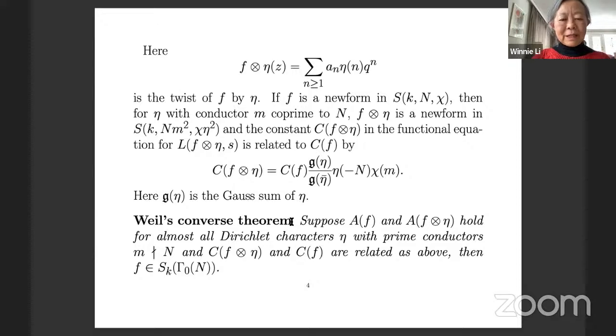So Weil's converse theorem says that if we start with f, as I said at the beginning, and the L function has the analytic behavior as I described in the three conditions, and the same holds for the twist by characters eta with prime conductor co-prime to n, and moreover the constant associated to f twisted by eta and the constant associated to f are related by these explicit relations, then we can conclude that f is a weight k cusp form for gamma naught n.